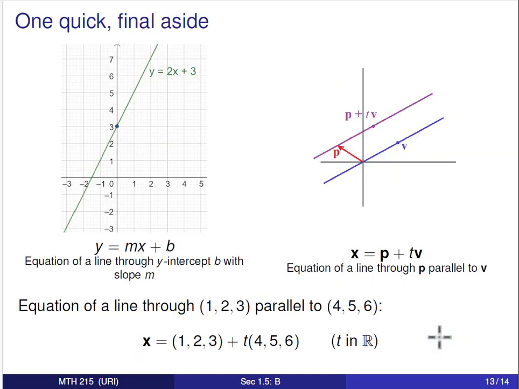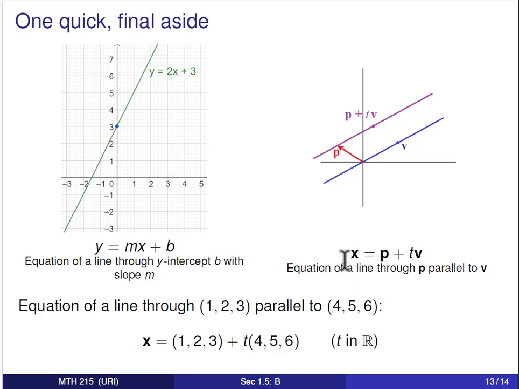All right, well, before we end the video, there's one final idea that we want to mention. This could be helpful to you, and that is the equation of a line through p parallel to v. So if you're ever asked a question like this, find an equation through the point (1, 2, 3) parallel to (4, 5, 6), and I've written the vectors in single line form here.